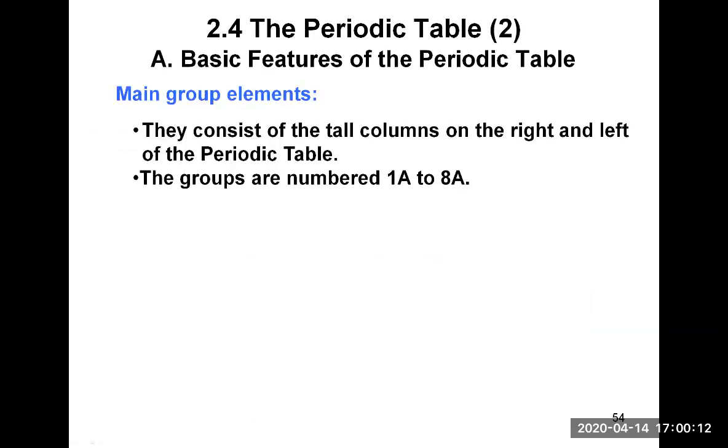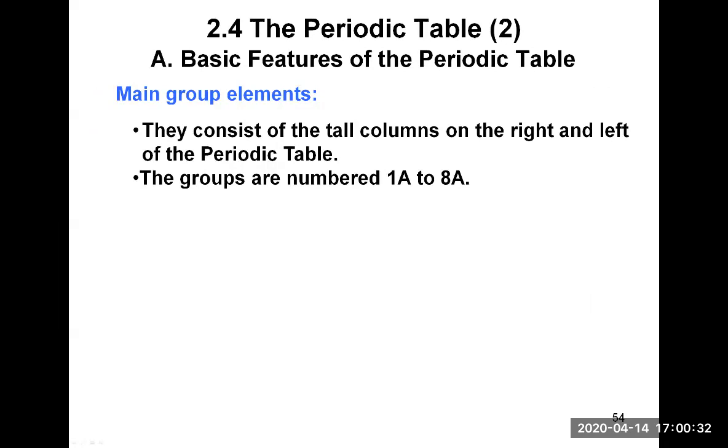So the main group elements are found in the two columns on the left and the 6 columns on the right of the periodic table. Their group numbers are numbered from 1A to 8A.